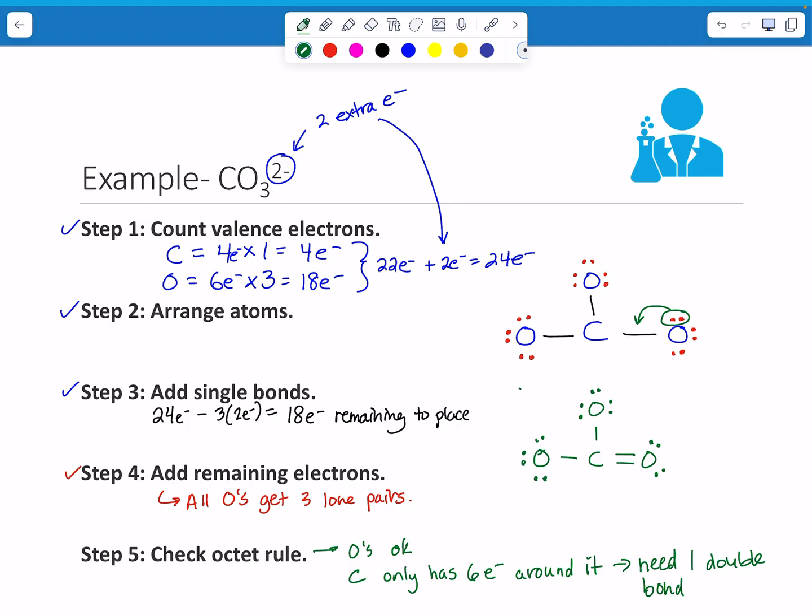One of the ways we can do that is to put brackets around it and put the charge there. Or sometimes you put the charge next to the central atom. Trigonal planar array.